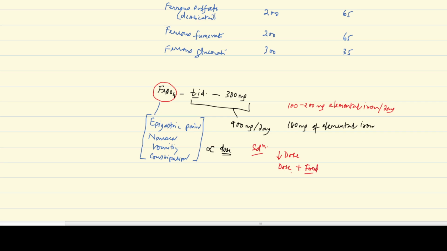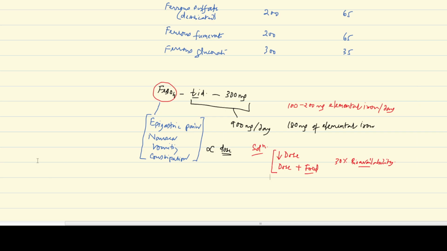Now, when you give the iron preparation along with food, there is almost 30% reduction in bioavailability. So that implies that you have reduced the dose, so it would be better tolerated.